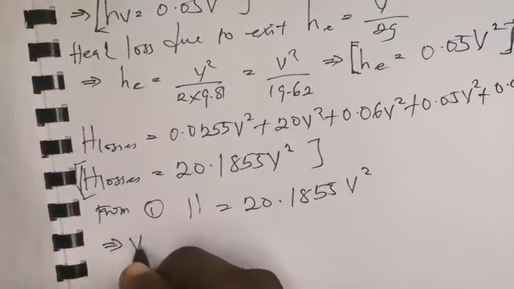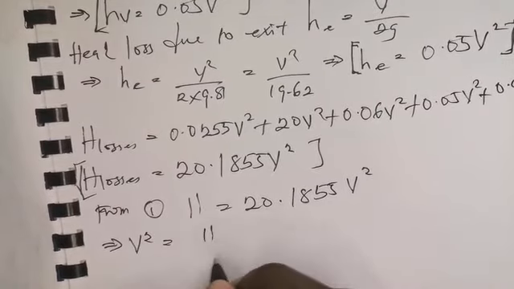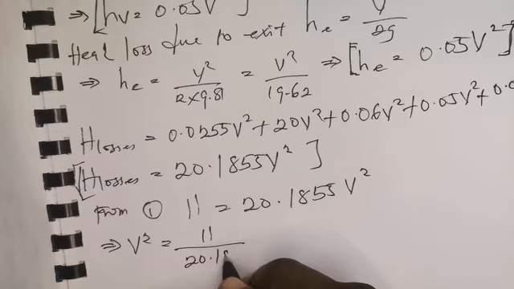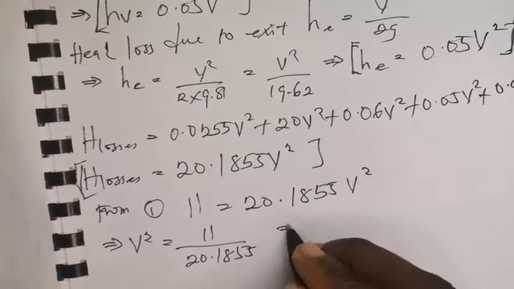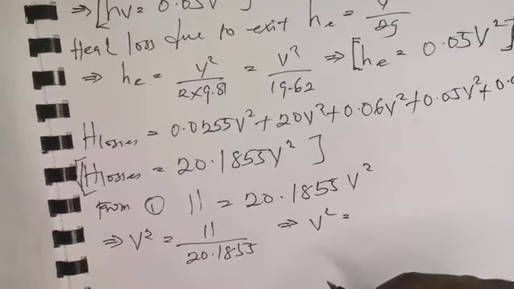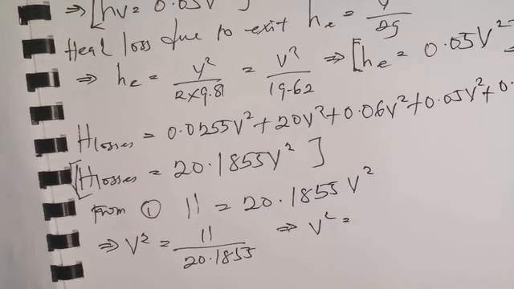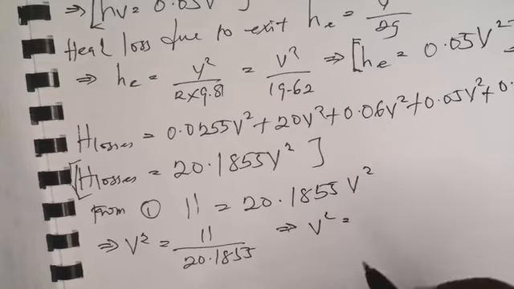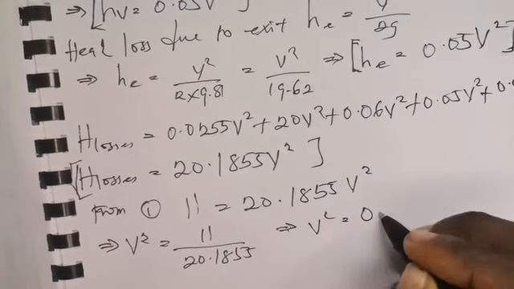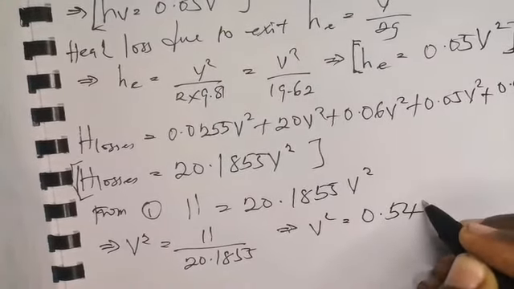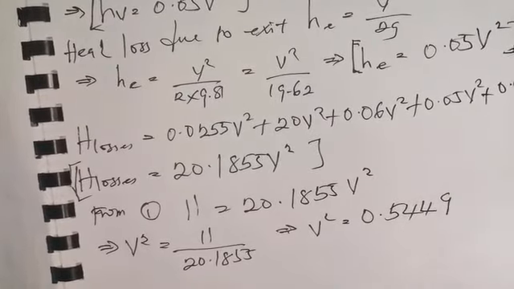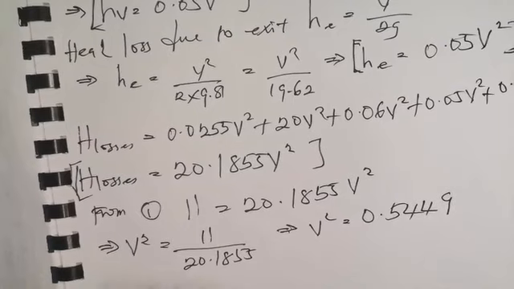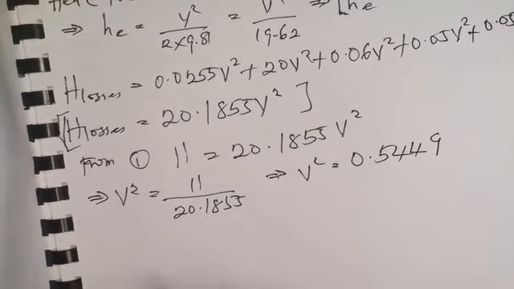This implies that V squared is equal to 11 divided by 20.1855, which gives us approximately 0.5449. Therefore we make V subject of the formula.